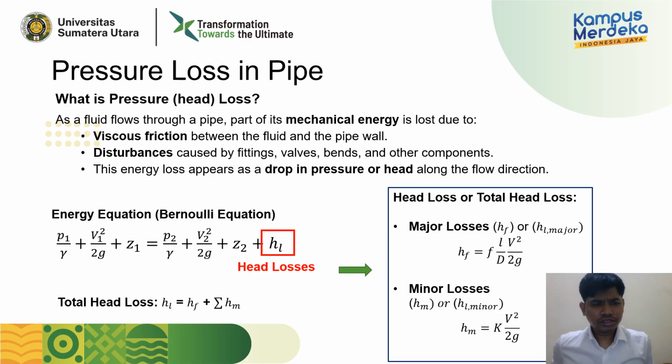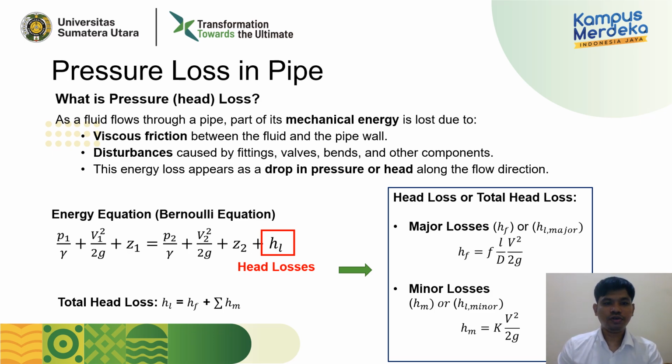So what is pressure loss in a pipe? Sometimes we can also use head loss. It's not just pressure loss, but also head loss. So what is this pressure head loss?